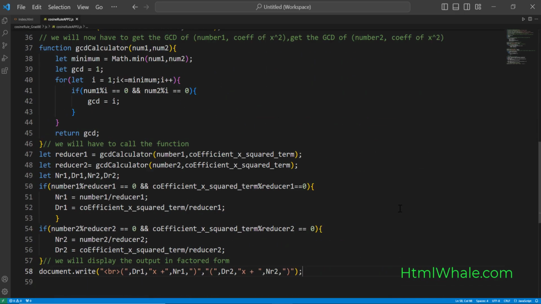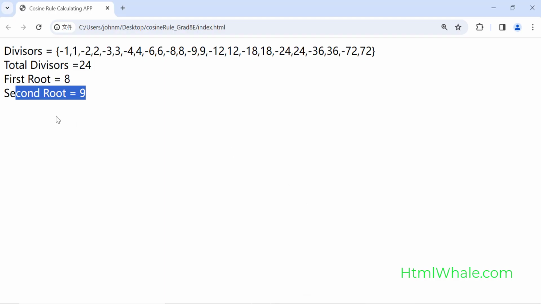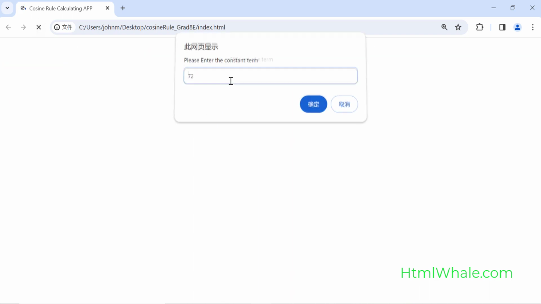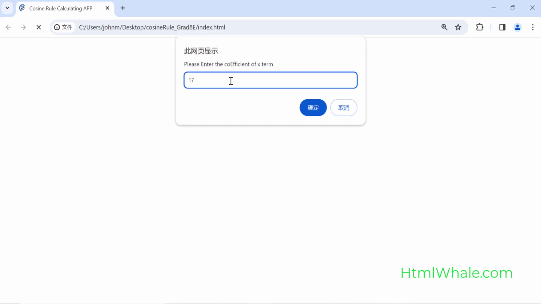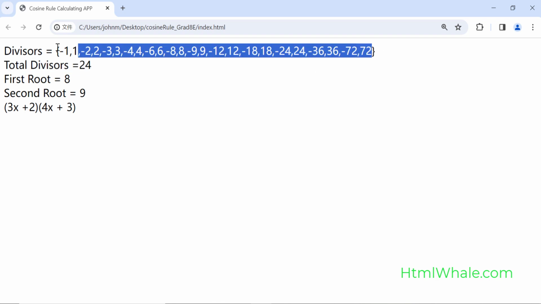Now the all important part here is to find out if we have any bugs. So I'm going over here. So the constant term is 72, coefficient of x is 17, coefficient of x squared is 12. Yes, beautiful. So we do not have any issues. We have got no bugs.